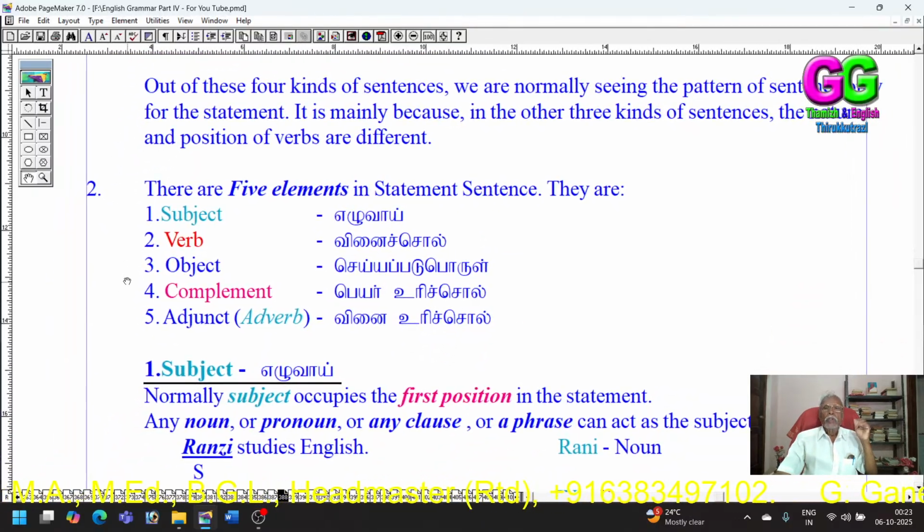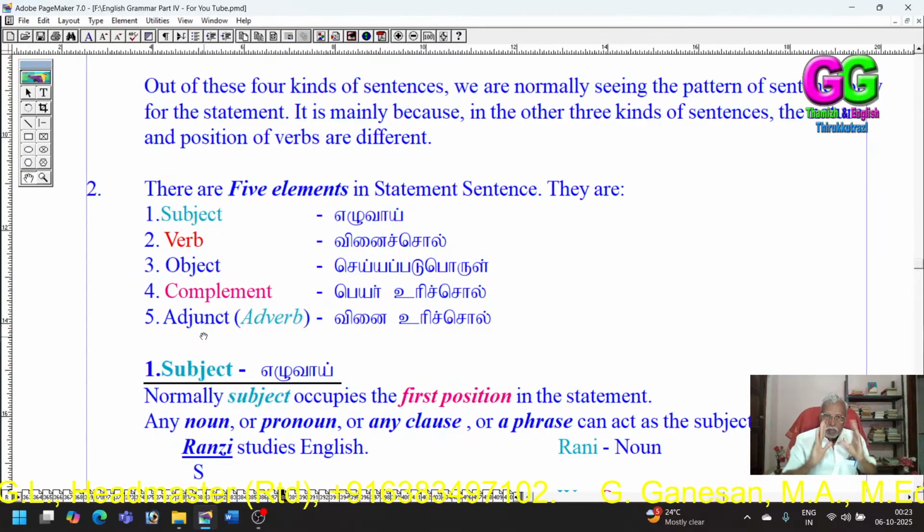In a statement sentence, five elements are used. They are subject, verb, object, complement, and adjunct. That is adverb.